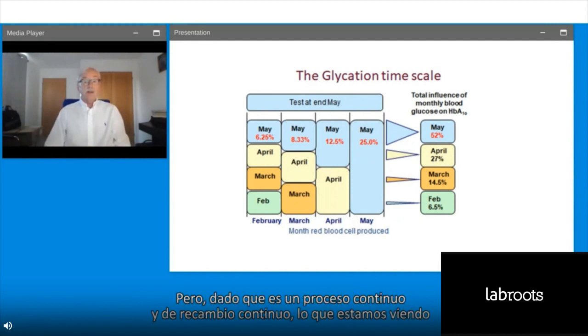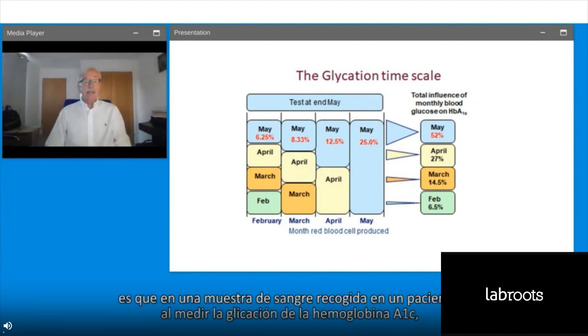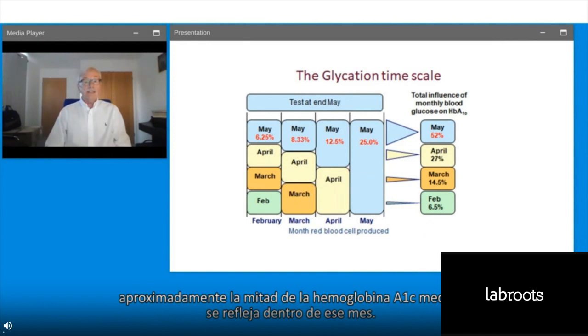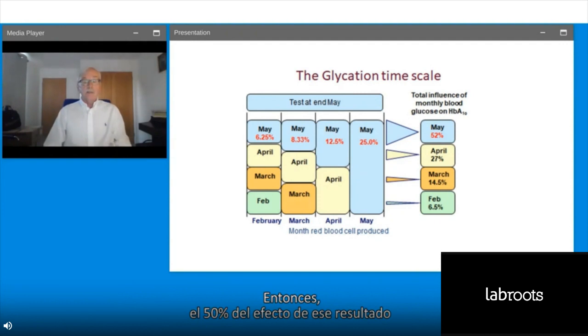But because it's a continuous process and continual turnover, what we are seeing is that in a blood sample collected on a patient, about half of the measured glycated hemoglobin A1c is reflected within that month. So 50% of the effect of that result is what you see within that month.